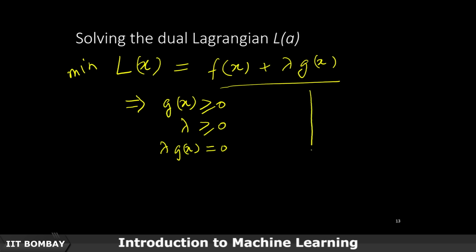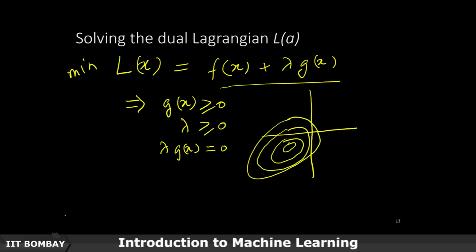If we go back to that drawing that I had of these yellow curves, the center of the yellow curves is the minimum of f(x) if there was no constraint. Then we drew a red curve which represented the boundary of g(x) equal to 0, and there are two possibilities.